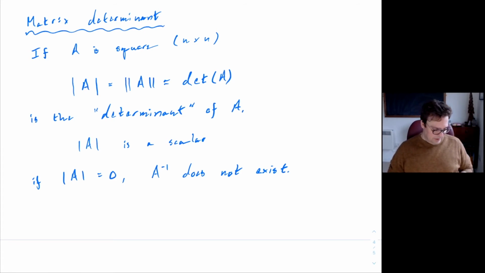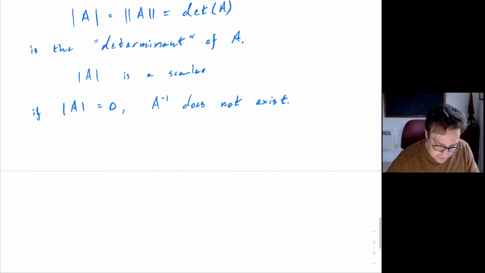That's a really special scenario for scalar numbers because there's only one number called 0. But it's not special for matrices. There are lots of matrices that have determinant 0 and that have no inverse. In fact, it's frightening how easy it is to construct such a thing.